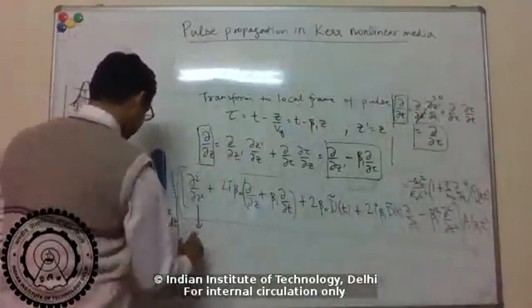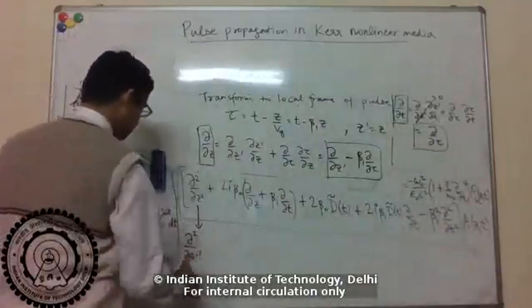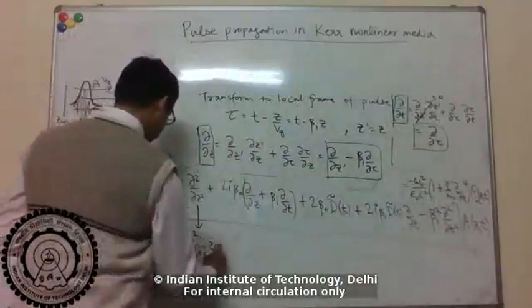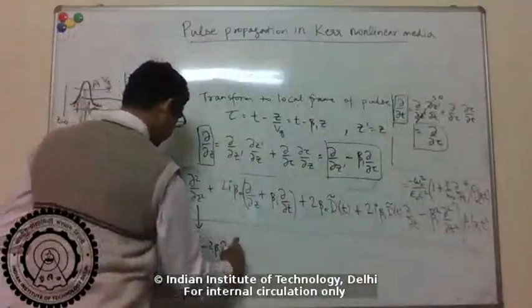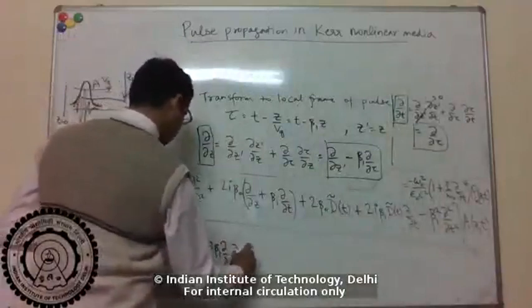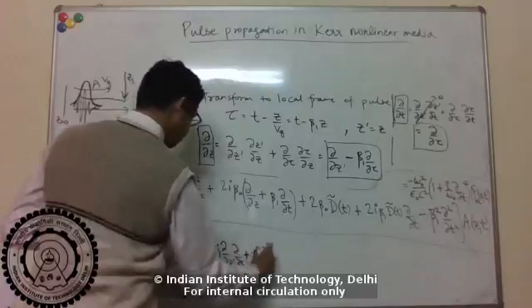This will give me del square by del z prime square, minus 2 beta 1 del by del z prime del by del tau, plus beta 1 square del square by del tau square.